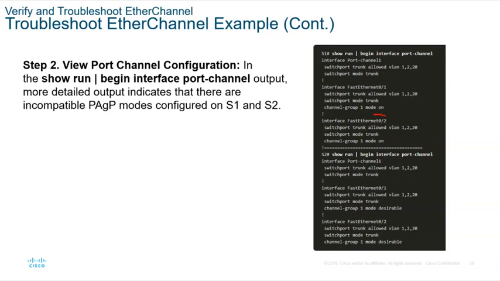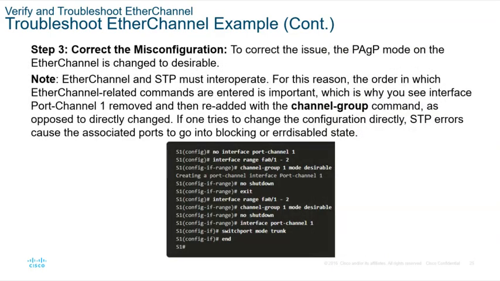So here, if we are to rectify this, what do we need to do? Because we're not going to use static, meaning that if you are to change, we should not put on, no, because we need those protocols, those mechanisms. So we have to go for desirable or auto.